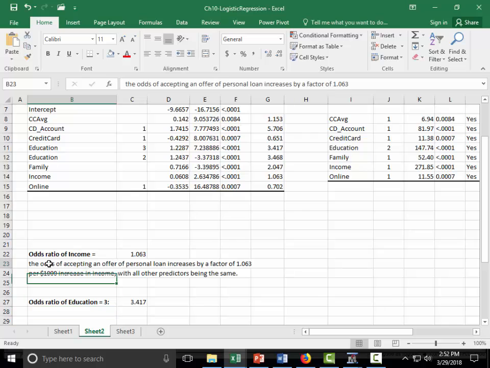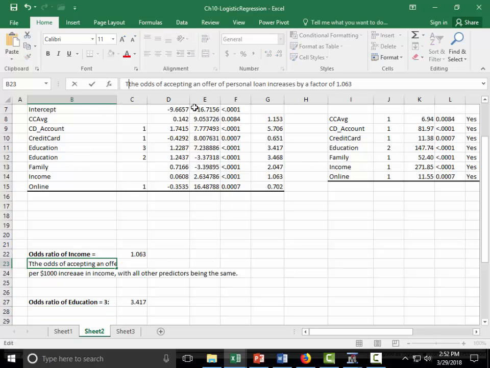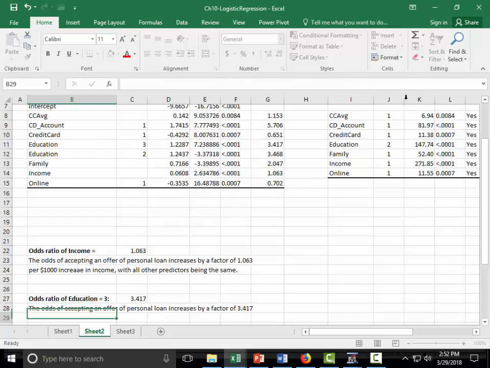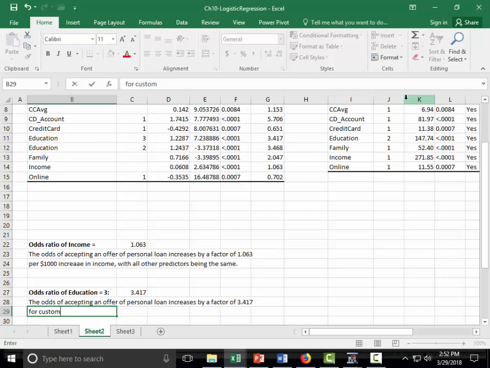So we can say the odds of accepting an offer for a personal loan increases by a factor of 3.417 for customers with college degrees relative to those with high school education.